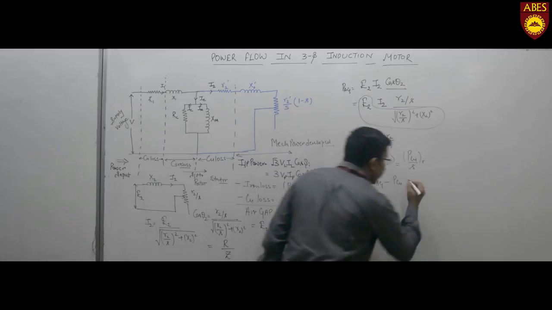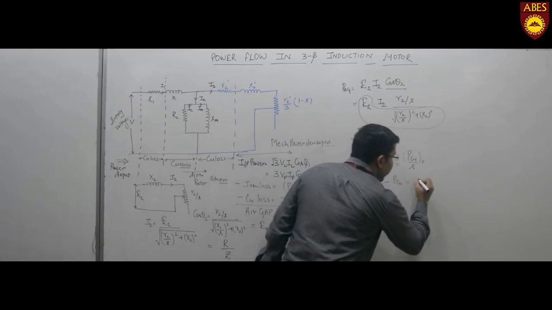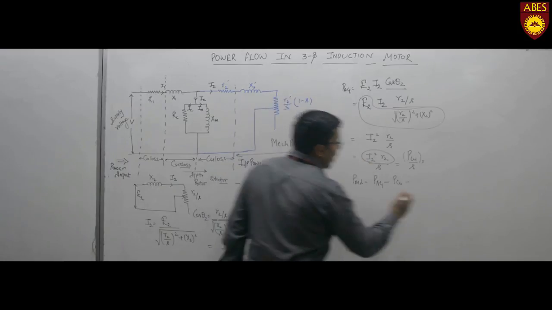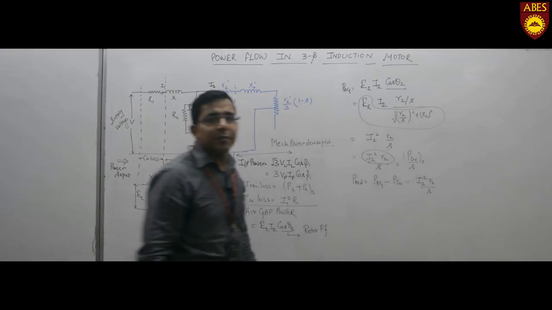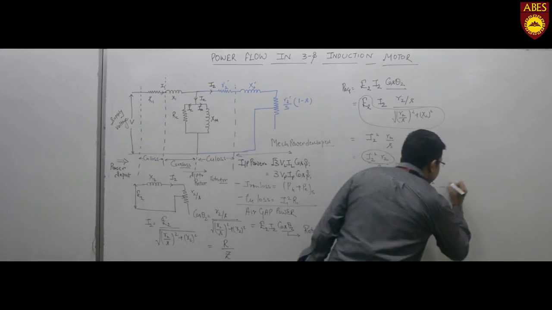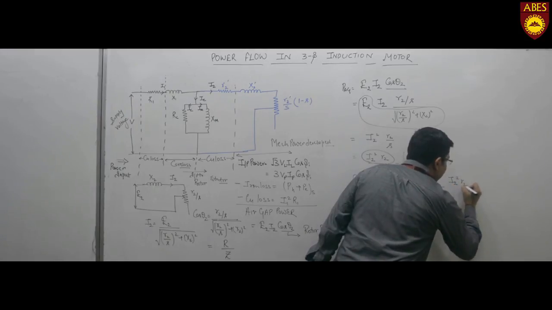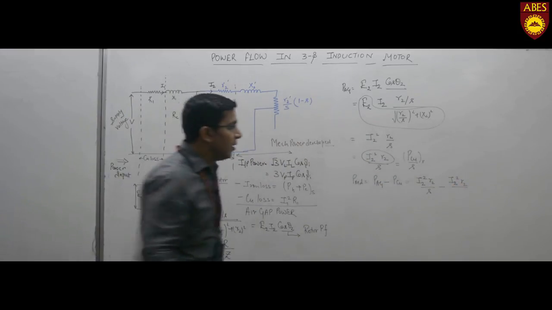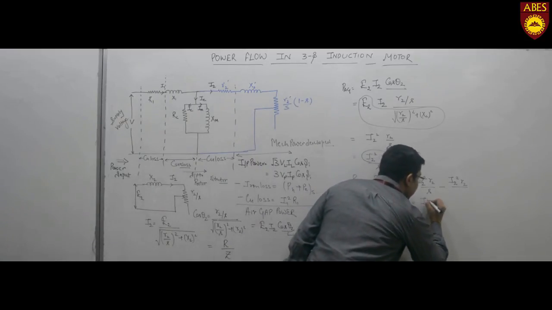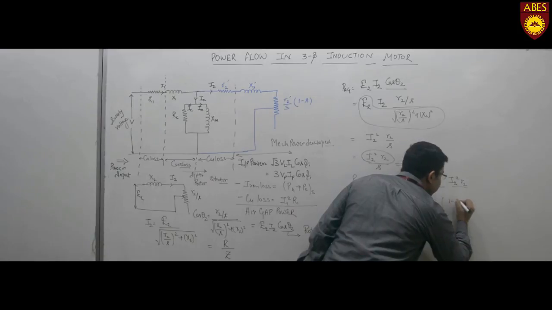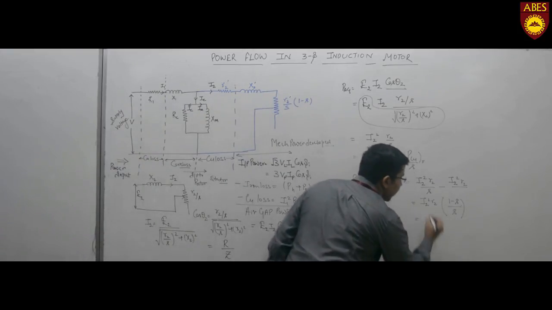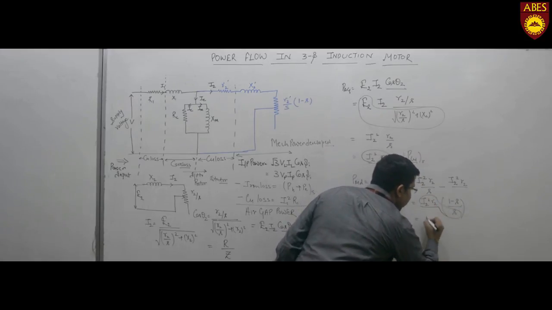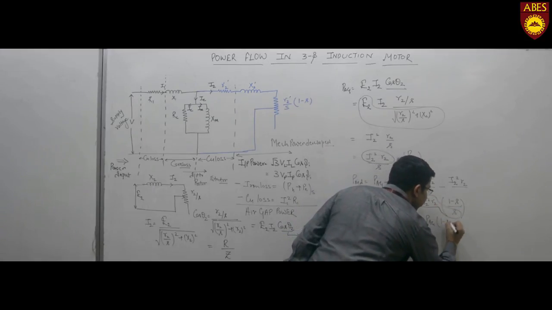If you solve through the entire thing, PAG, for which the formula has already been derived, is I2 square R2 upon S, minus I2 square R2, that is the copper loss on the rotor side. We come out with I2 square R2 (1 minus S) upon S, which is PAG into (1 minus S).